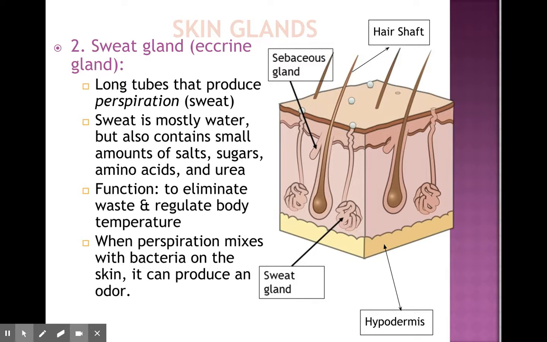So certain people have more sweat glands than others as well. Certain people also just sweat more than others, and that's genetic as well. When perspiration mixes with bacteria on the skin, this can produce an odor. So there are certain areas where more sweat is produced and also where more bacteria lives naturally within our bodies. And we have very simple ways to cope with this, right?